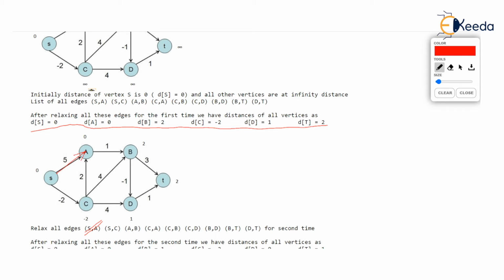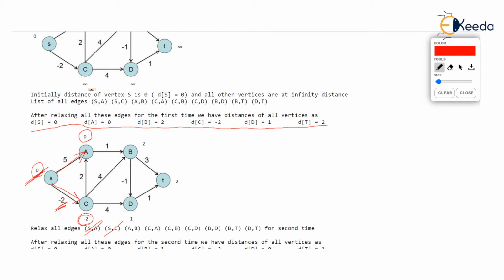This will be 0 plus 5, that is 5. And 5 is not less than 0 here, isn't it? So we do not update this 0 to a larger distance 5, and we say vertex A remains at distance of 0. Let's relax S comma C. S comma C, this edge will be now at 0 plus minus 2. This 0, distance of S, plus minus 2. I'm so sorry. So that adds up to minus 2 and vertex C is already at minus 2.